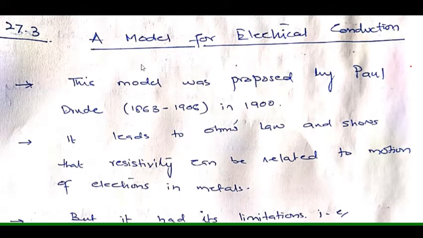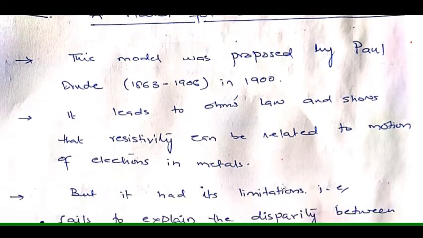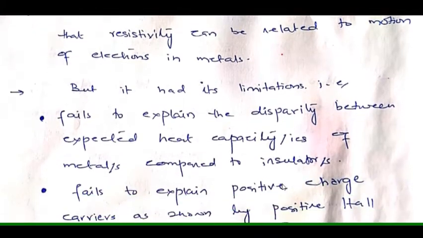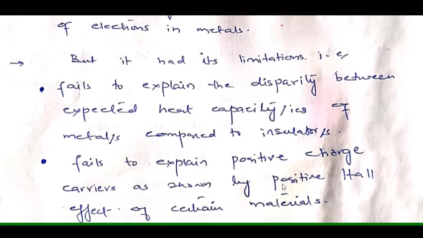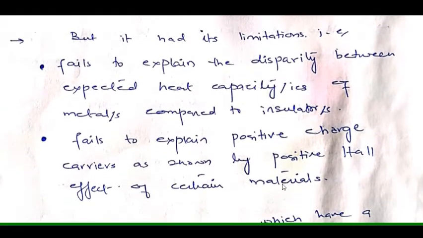After considering this, we'll also see, though not in this course, that this model has certain limitations. These limitations are that this model fails to explain the disparity between the expected heat capacities of metals compared to insulators.